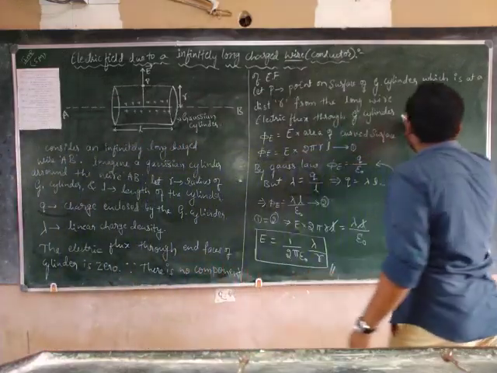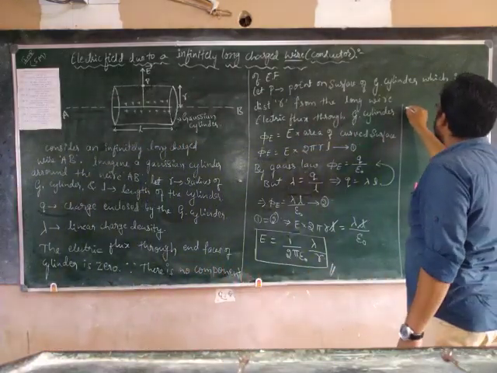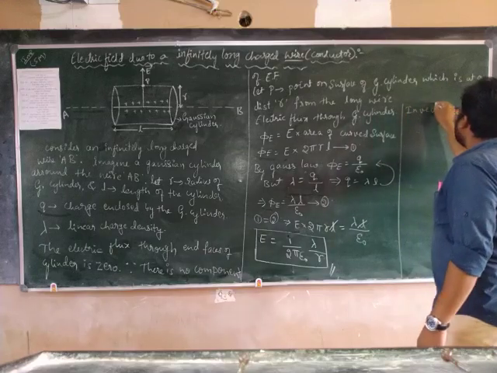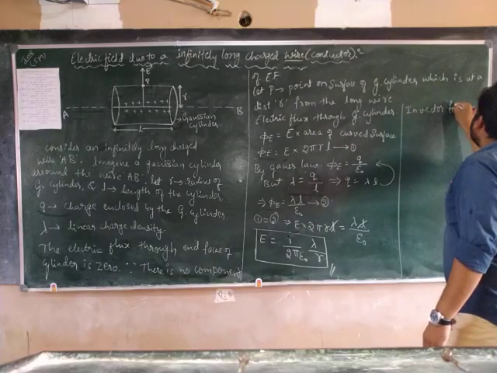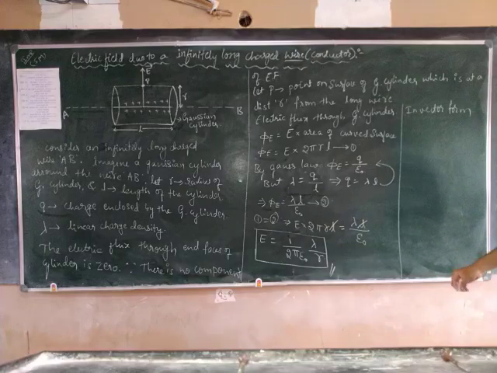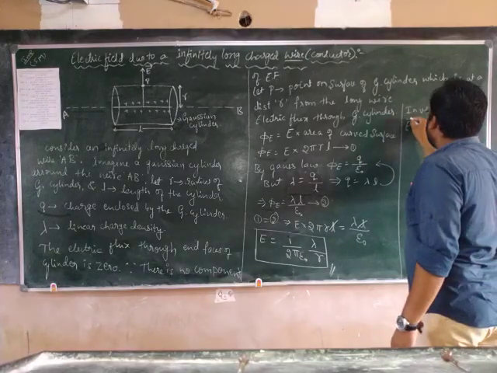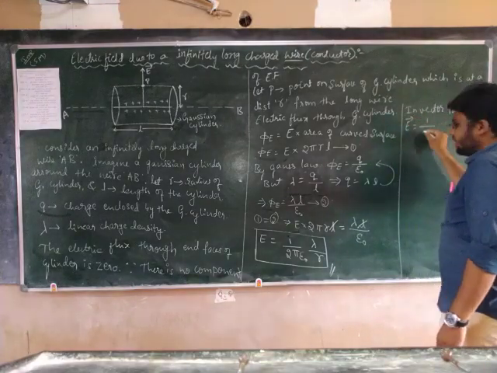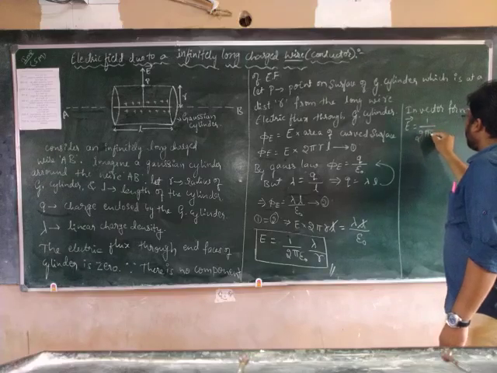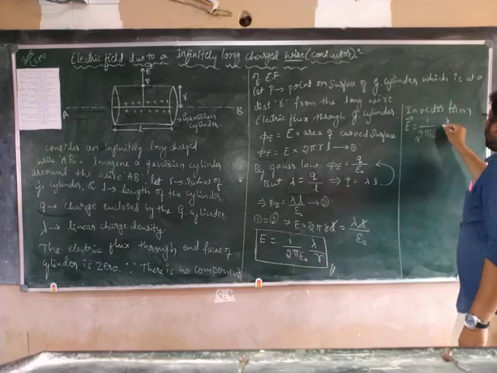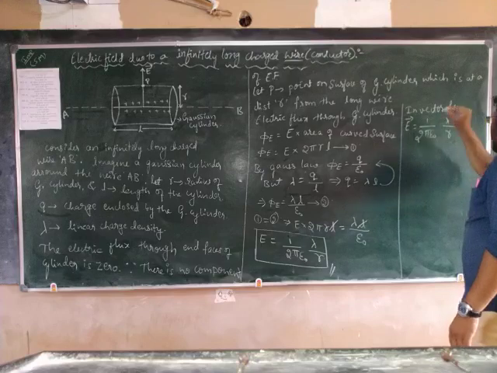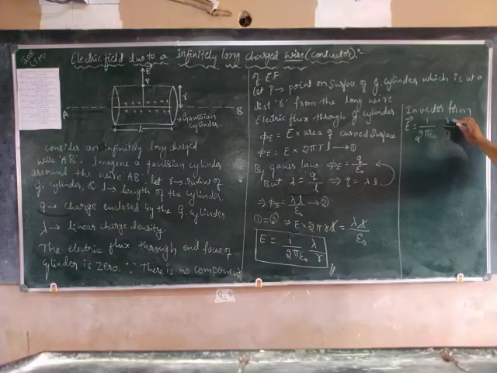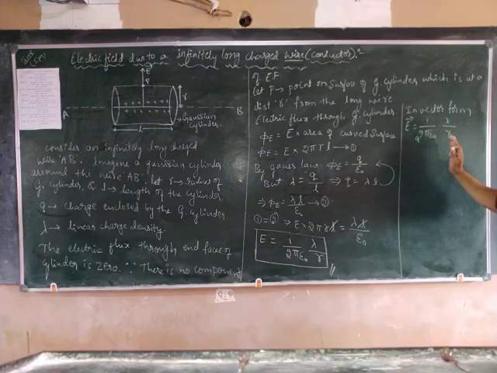So in vector form, electric field E is equal to 1 divided by 2 pi epsilon naught lambda divided by r. So here, if I want to represent it in a vector form, I need to specify its direction. Okay?